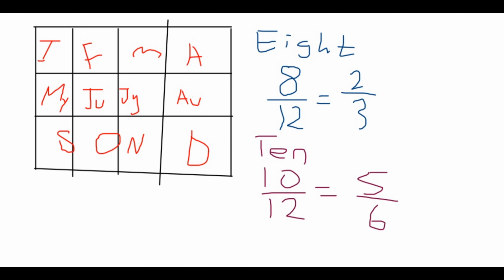Meaning, if the year were to be divided into 6 parts, and we completed 10 months out of 12 months, we have completed 5/6 of the year. This is just what this means.